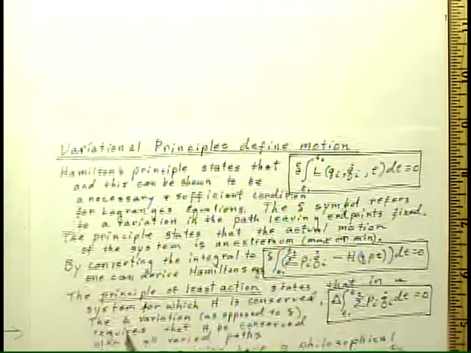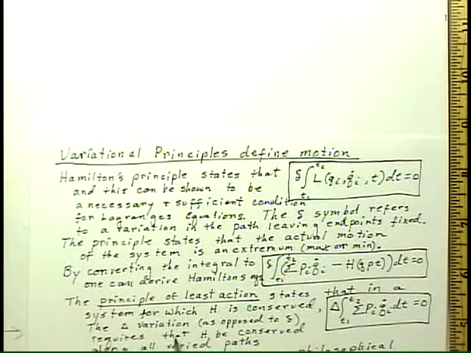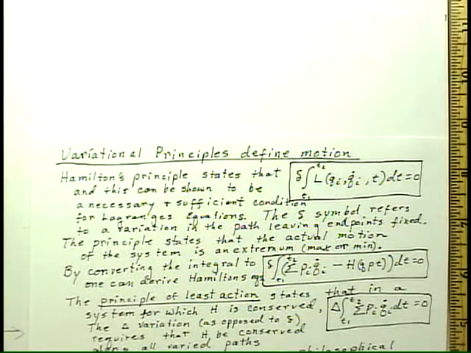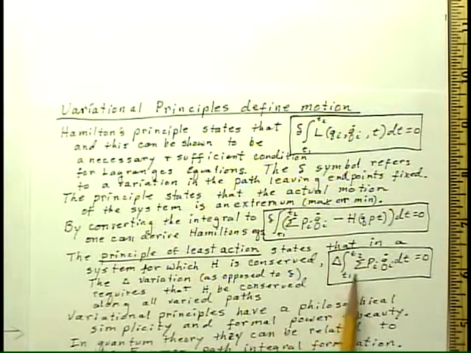The principle of least action states that in a system for which H is conserved, and we use a delta variation written a different way as opposed to this delta variation, which requires that the H be conserved along all the varied paths, we get a principle of least action that looks like the following.